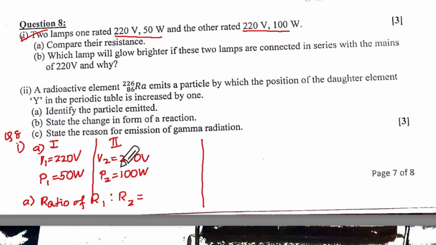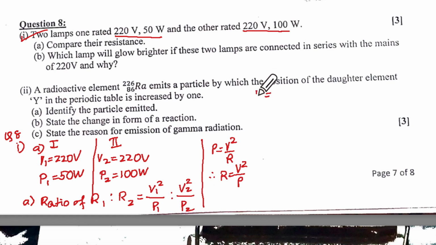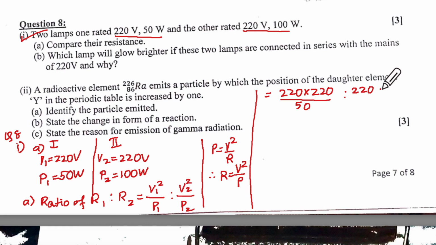Your thinking step will be, how do you connect P, V and R? P is equal to V square upon R. So therefore R will be equal to V square upon P. So this is going to be V1 square upon P1 is to V2 square upon P2, equal to 220 into 220 upon 50 is to 220 into 220 upon 100.